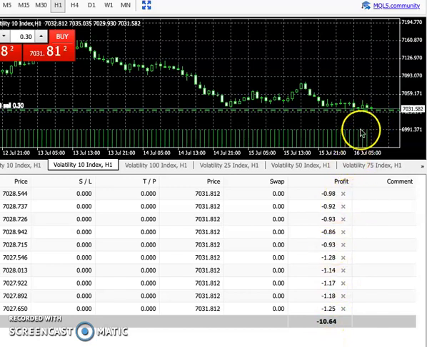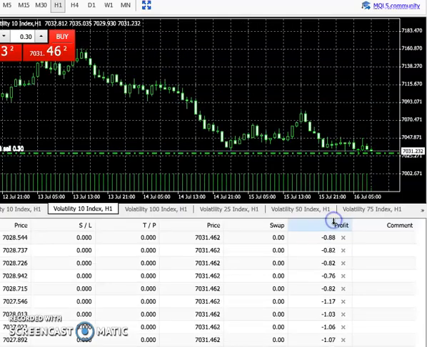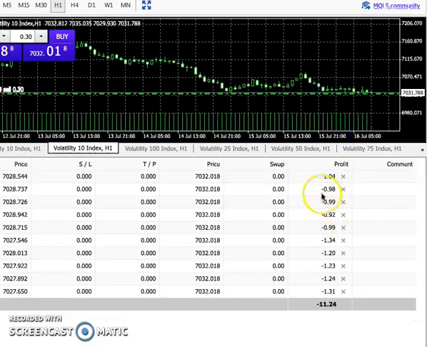If you see this small, almost like a cross, it's because it's supporting and resisting. As you can see here, some of it is going back down and some of it is going back up. So basically, when it's back into profit, I will close all the trades based on the size of the candlestick.